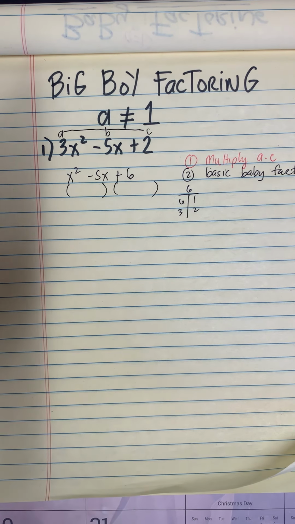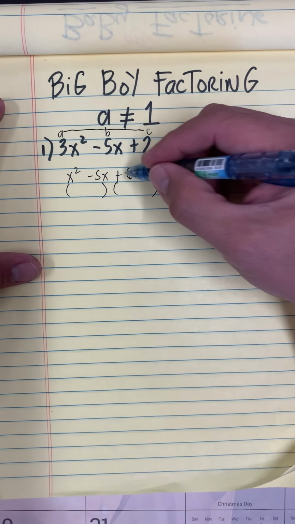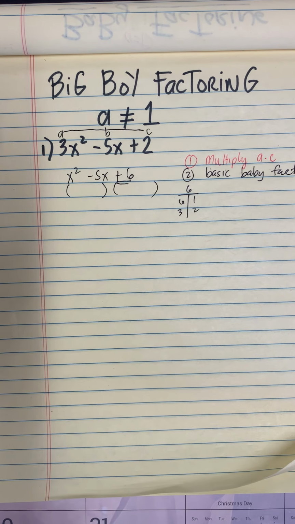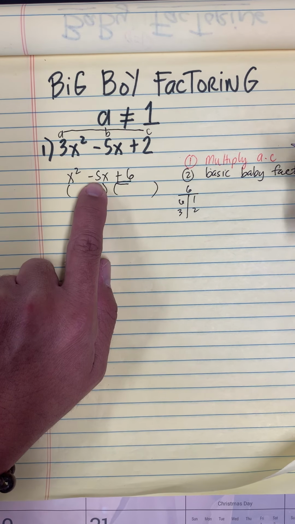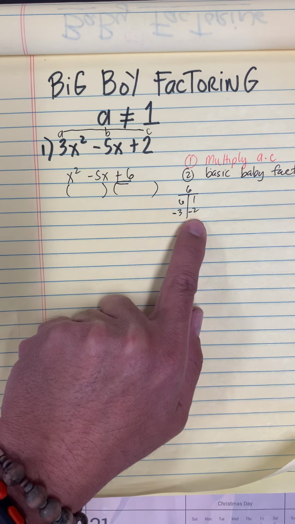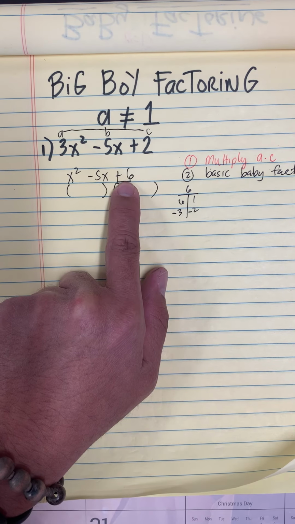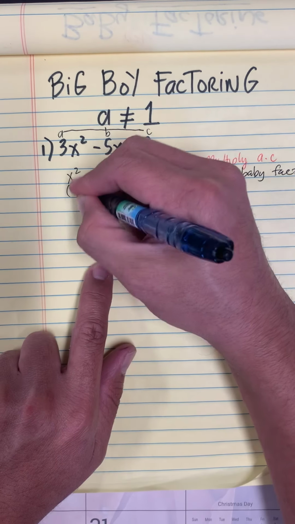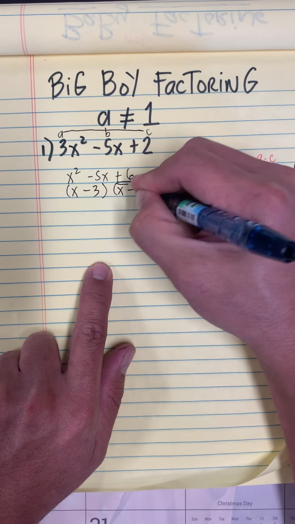They're kind of very similar, but take note, you have a positive 6 here. How do you get a positive 6 when you multiply? You multiply two positives or two negatives. So in order for you to get a negative 5, it has to be negative 3 and negative 2. Negative 3 times negative 2 is positive 6. Negative 3 plus negative 2 will be negative 5. So the answer is x minus 3, x minus 2.